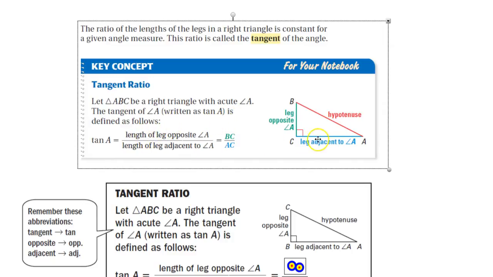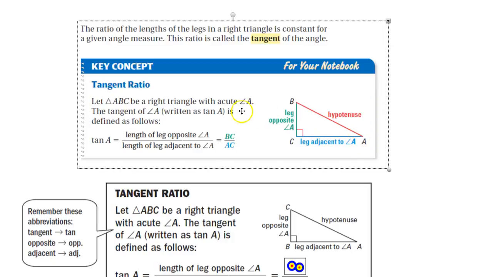The tangent ratio for angle A would be the length of the leg opposite angle A, over the length of the leg adjacent to angle A. Remember, adjacent sides share a common vertex. If we're talking about angle A, the adjacent side is going to share the vertex with the angle you're referring to.